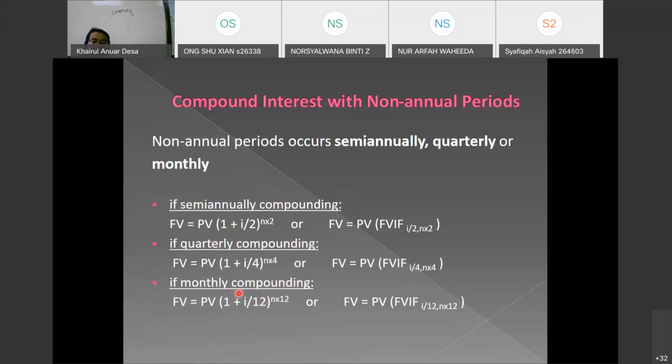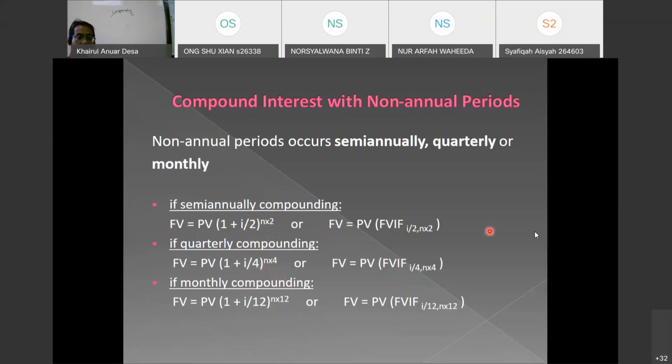If monthly compounding, it is the future value monthly compounding. Okay, kalau semi-annual, it means we divide by 2. Dibahagikan dengan 2. Kalau quarterly kita bahagikan dengan 4, and also we multiply N by 4, and here divide by 12 and multiply N by 12.